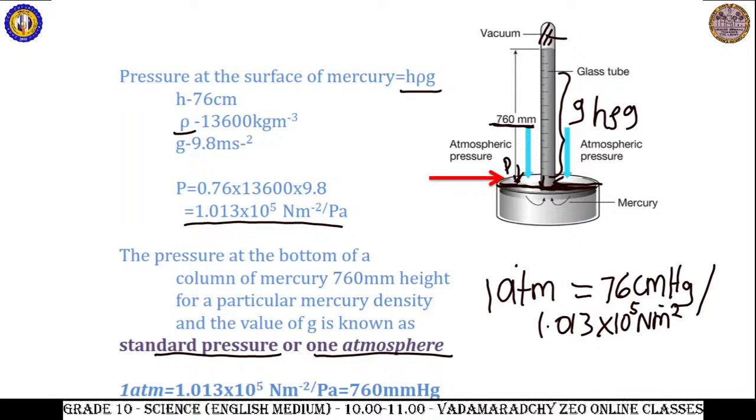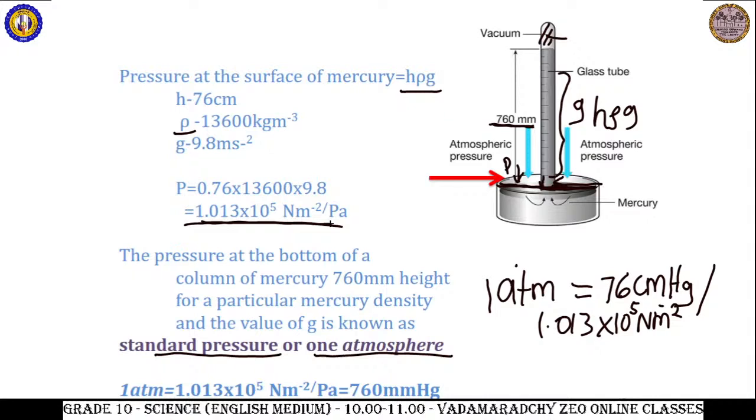So we carried out activities and found the atmospheric pressure as 1.013 × 10^5 N m^-2. We call this the standard pressure. What is standard pressure? Or 1 atmosphere: if the length of the mercury column is 76 centimeters, we call it standard pressure.